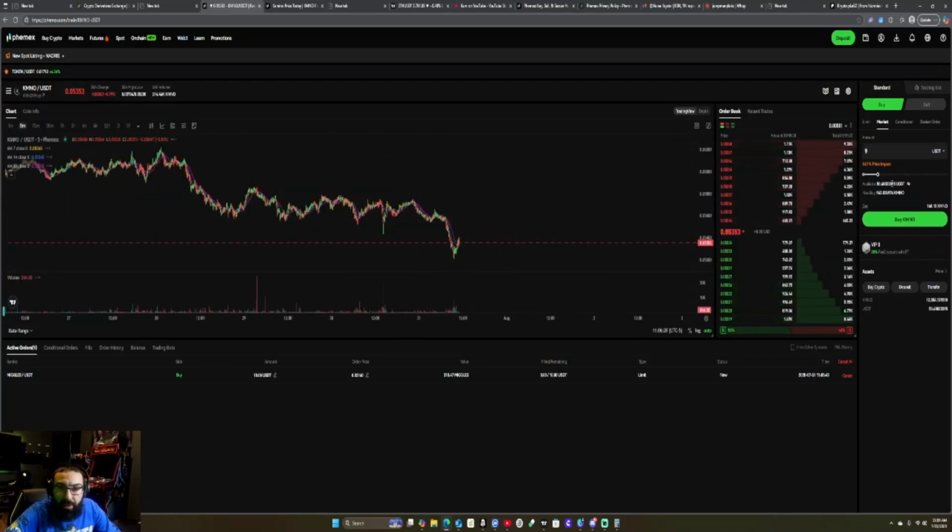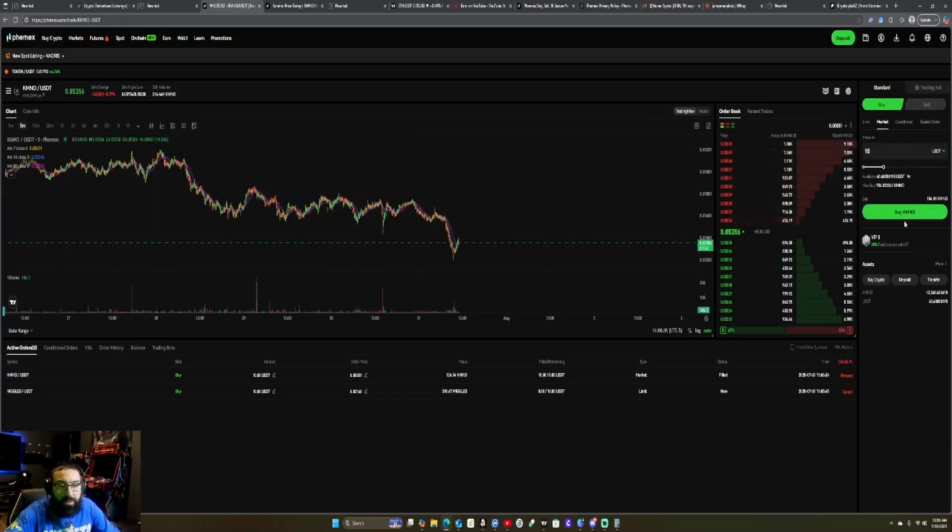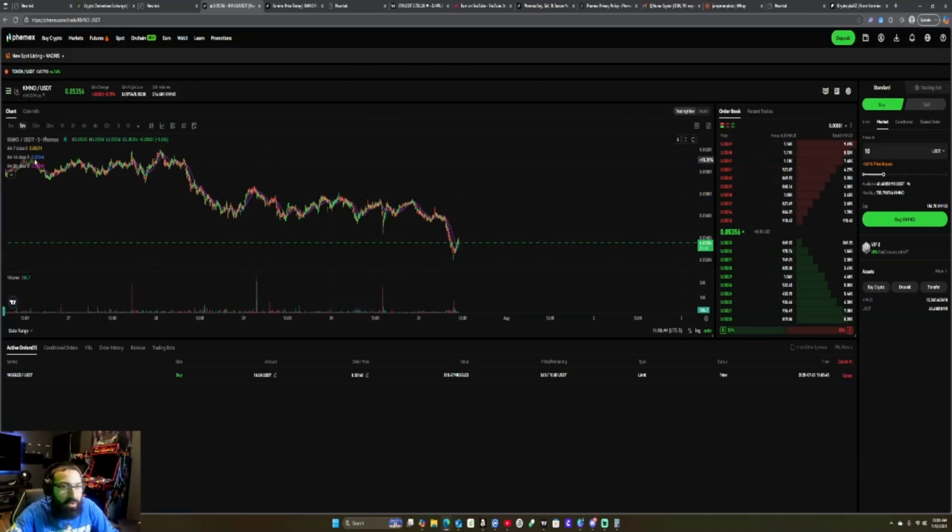Okay, so we're down pretty good on this one, and we're going to go ahead and DCA $10 into Camino Finance. You notice how I'm not using all my money in, and I have a lot more money than this, but like I said, I usually buy these with the trading fees that I accumulate through the day.